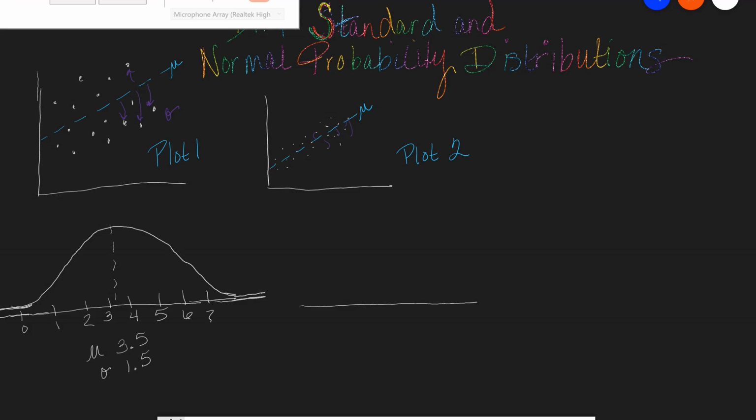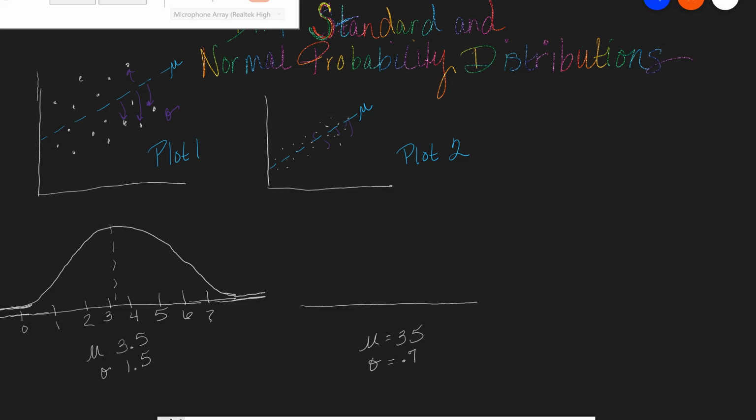And for the second one, let's make the mean the same. Our mu on this one is going to equal 3.5. But this time our standard deviation is smaller than 1. Let's say it's like 0.7.